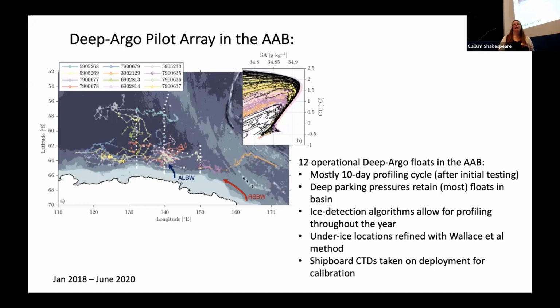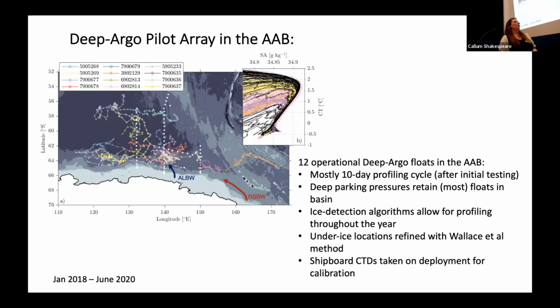They also have ice detection algorithms built in, so that if they sense that there's sea ice as they are profiling upwards, they will stop and turn around and not just crash into the ice and hurt themselves. So we have under ice profiles for whenever there was ice, which is very exciting to have, full depth winter profiles. It's very hard to collect that sort of data from a ship.